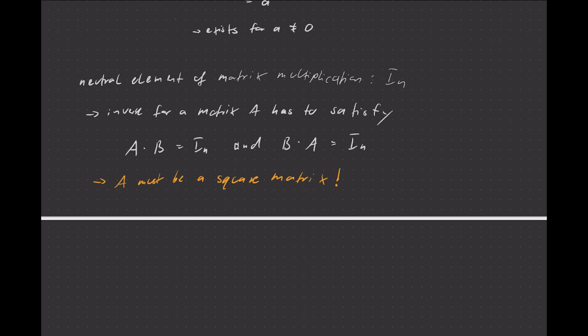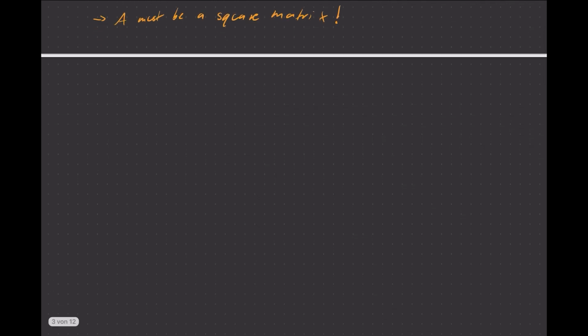And that motivates the following definition of an inverse matrix. So let's say we have a matrix A. Let A be an n by n matrix, so a quadratic matrix.